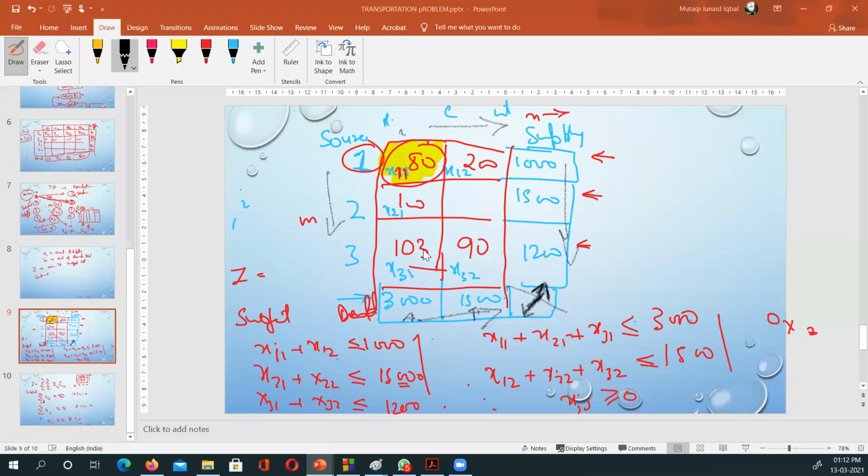So what will be the constraint? Can anyone give me the supply constraint for row number 3? You can open a mic and just speak. What will be the supply constraint for row number 3?